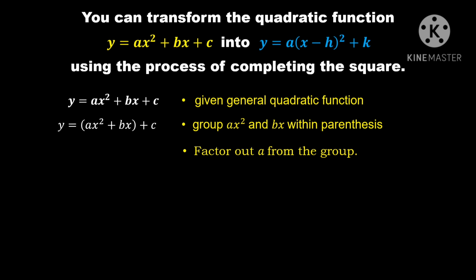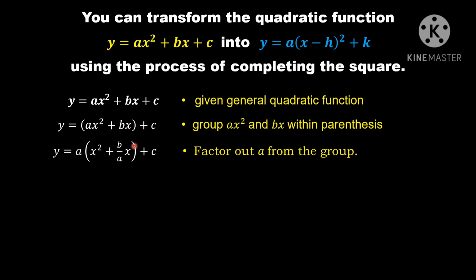Then we have to factor out a from the group. So we have now a times the quantity of x squared plus b over a of x. So it becomes b over a because if we factor out a, we have to divide the coefficient of x, which is b, by a, so it became b over a.